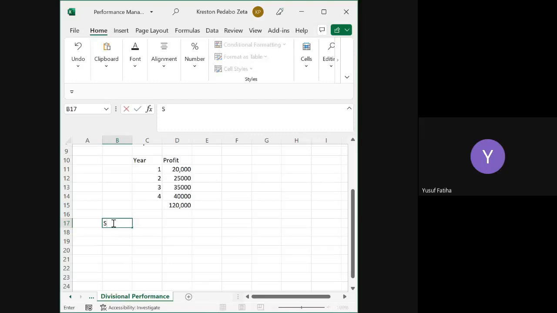The formula for straight line basis of depreciation is cost minus scrap value, divided by number of years of useful life, right? So what is the cost of our assets in this scenario?